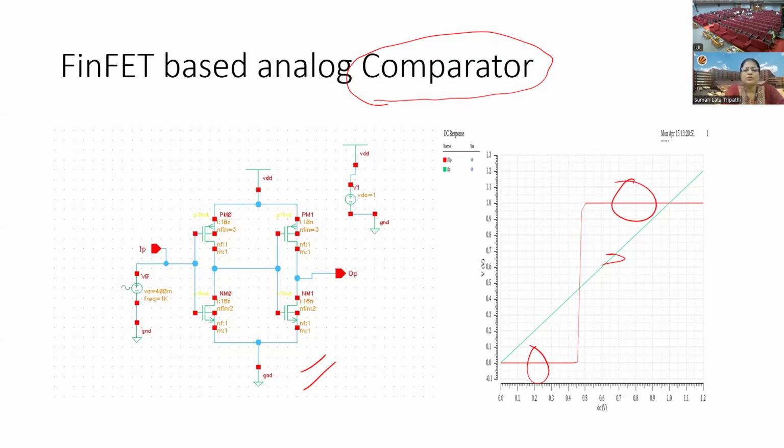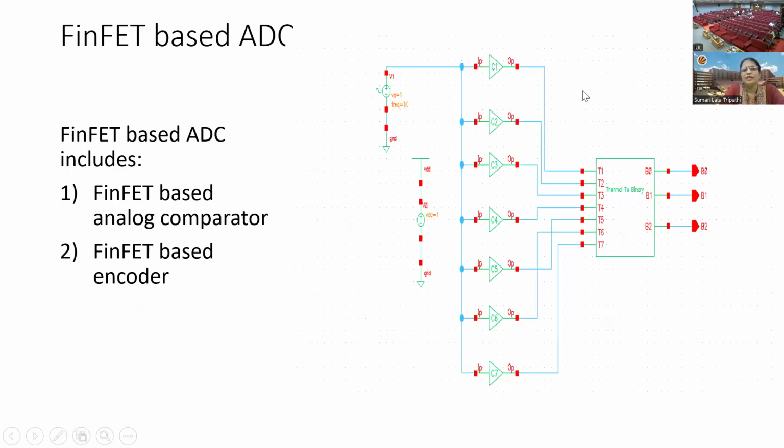A small part of it has been shown, although the signal may vary in levels, so accordingly you will see the changes in the output. The comparator gives logic low or logic high based on the input value: if the input is higher than the reference, it will be logic high, and if it is less than the reference, it will be logic low.